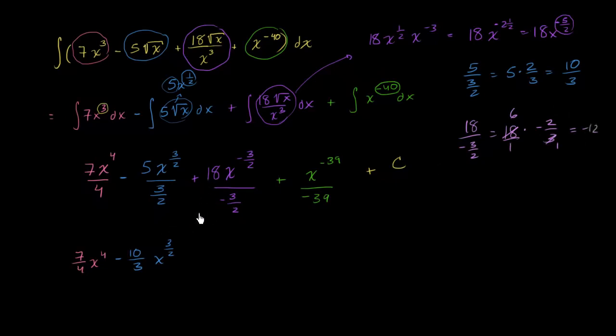So this expression right over here is negative 12 x to the negative 3 halves. And then finally, this one right over here, we can just write negative 1/39 x to the negative 39 plus c. And we're done. We found the indefinite integral of all of this craziness.